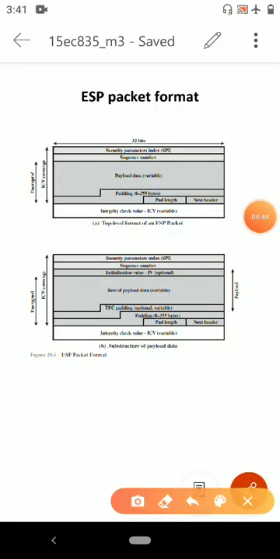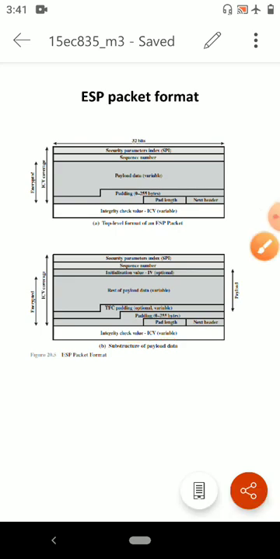Next, integrity check value. Here it is ICV. The ICV field is optional. It is present only if the integrity service is selected and is provided by either a separate integrity algorithm or a combined mode algorithm that uses an ICV.